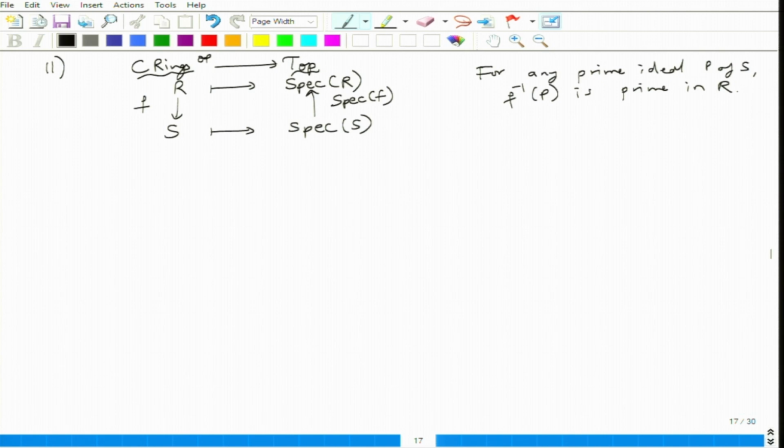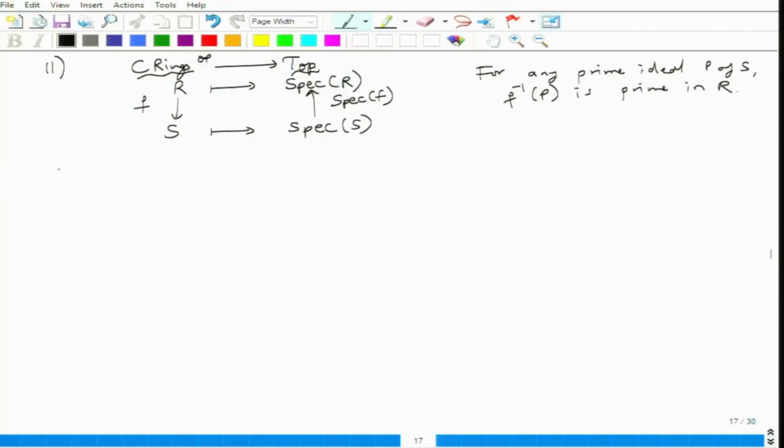This map F is a map of commutative rings, but what I am trying to show is that the direction automatically reverses. Even though the map goes from R to S, here the map goes from Spec S to Spec R. So therefore I have to write it is a functor from CRings op to Top.